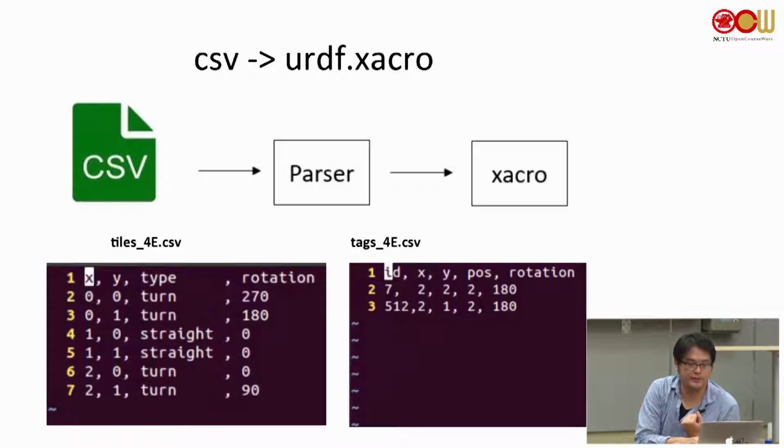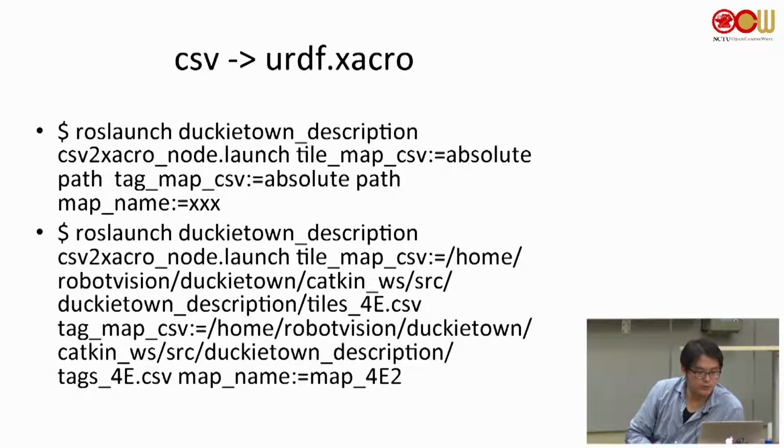And you will get this XACRO file, which will be automatically converted to URDF in ROS launch. This is the code to convert CSV to urdf.xacro, and you can try it.